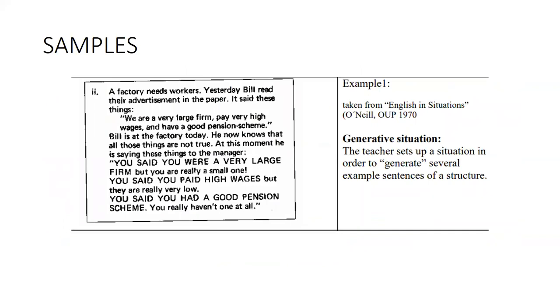This is called a generative situation. The teacher sets up a situation in order to generate several examples of a structure. This generative situation in class is the most basic thing a teacher does, which you are familiar with. For example, okay, what are nouns?